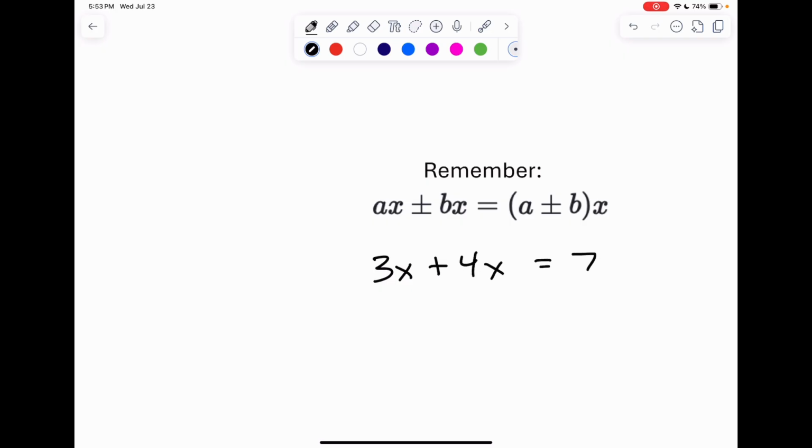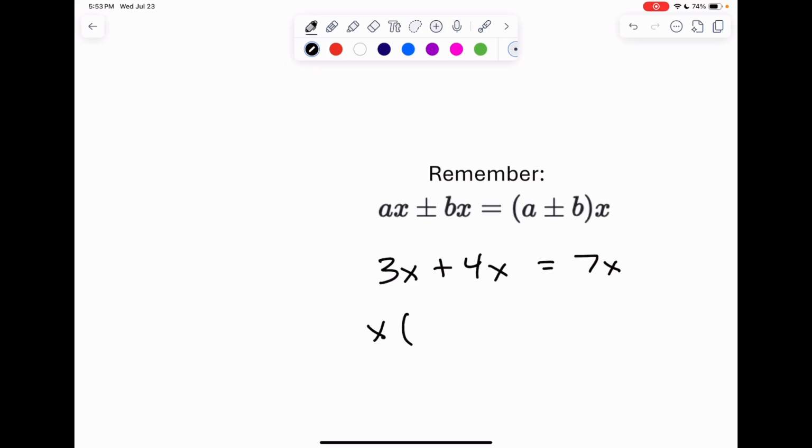Well, I would have 7 x's. And the reason is that if I factor an x out of both of these, undistribute an x from both of these, I'll be left with just numbers that are like each other and they can combine. So I'll have x times 7 or 7x. So that's basically what they're showing. Do you have to do this step every time you combine like terms? Absolutely not. But that's the paperwork behind it.